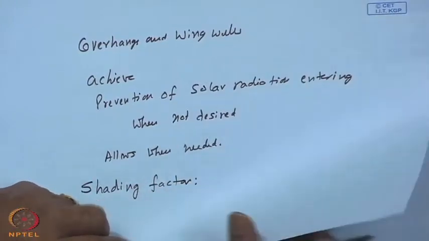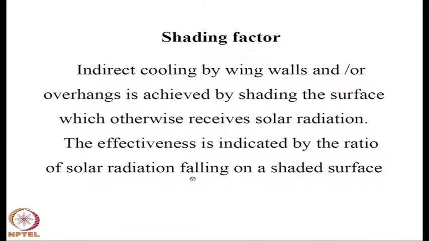When the window is shaded by the overhang or the wing wall, a part of it will not receive the direct solar radiation. Consequently, the radiation that is likely to enter through transmittance of the glass cover will be impaired by the factor which we call the shading factor, since the entire window is not exposed to the sun's radiation.